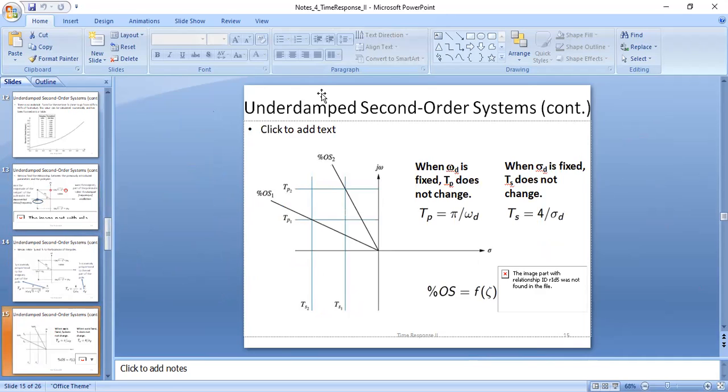This slide is very important. Here, this line is for constant zeta, these straight lines are your constant peak time lines, and these lines are your constant settling time lines.